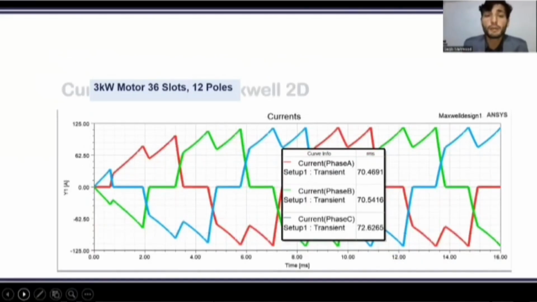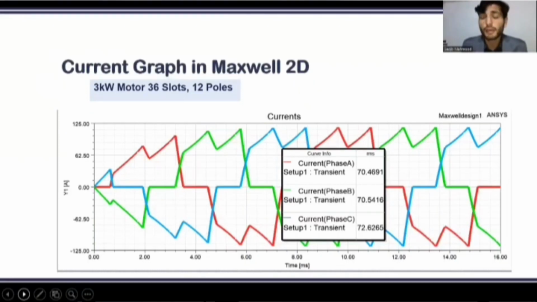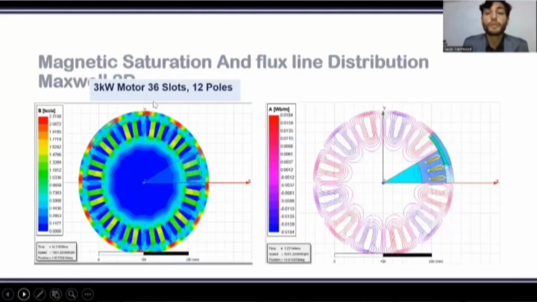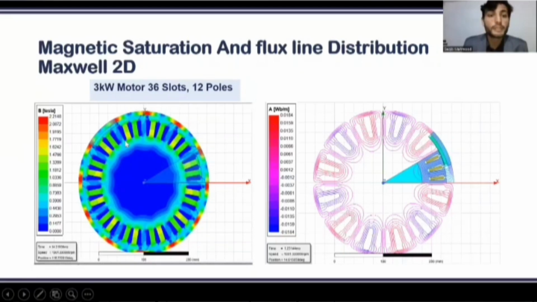So this model draws a current of 70 amperes per phase, and from the graph we can see that all three phase currents are properly trapezoidal. The magnetic saturation of this model was up to 2.21 Tesla, which is lower than the 24 slot 8 pole motor, but slightly higher than the 51 slot 40 pole motor.